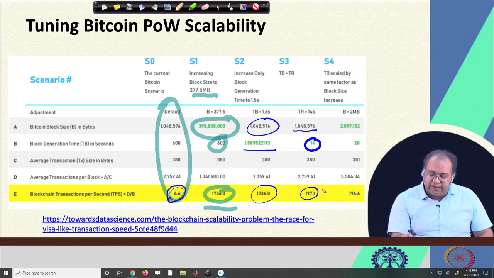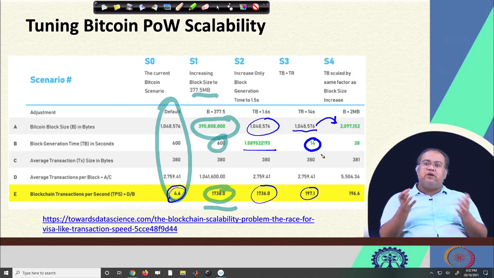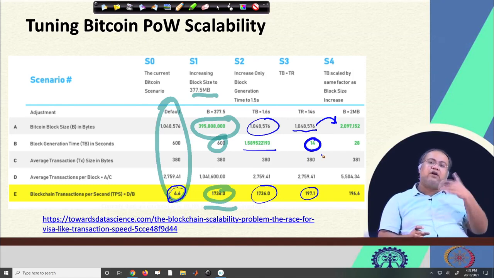Well, now if I just want to double the block size, this is again interesting. If I make the block size from 1 MB to 2 MB, I also need to increase the block generation time, because if I double the block size, the time to download the data also gets doubled.